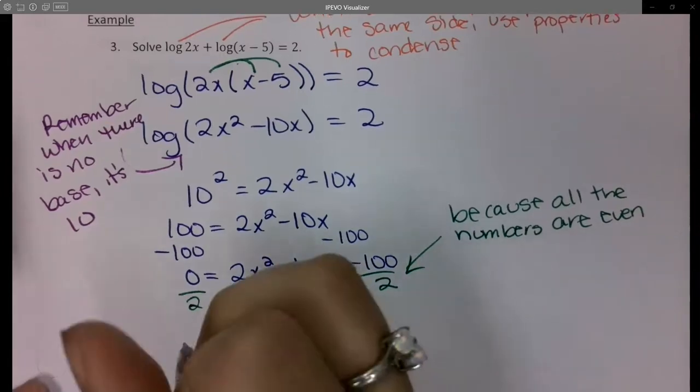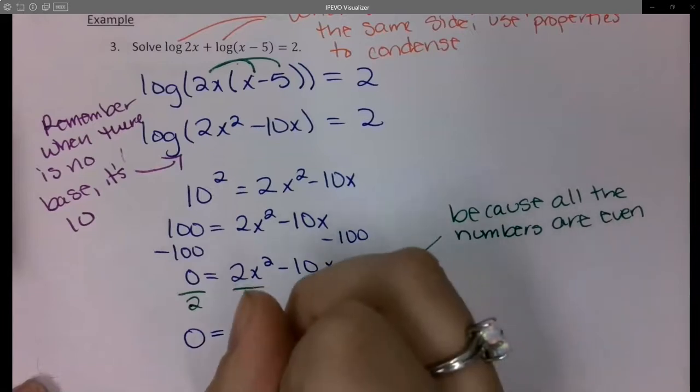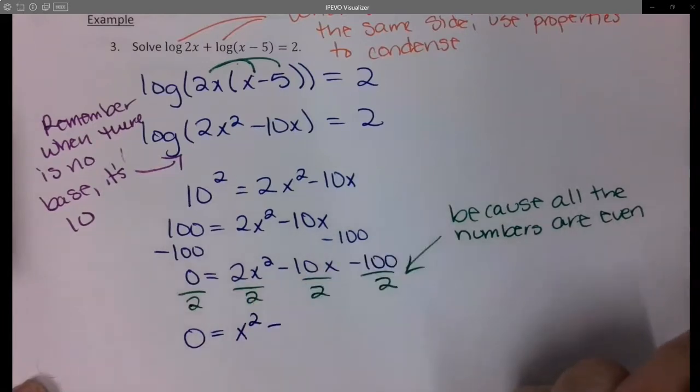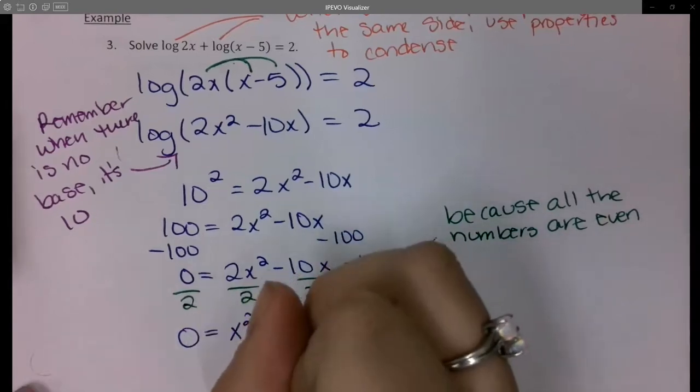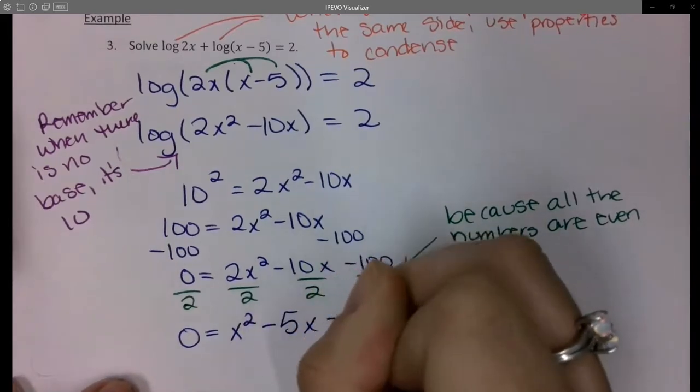Okay. This gets me 0 on the left. X squared. What's 10 divided by 2? Negative 5. Negative 100 divided by 2? Negative 50.